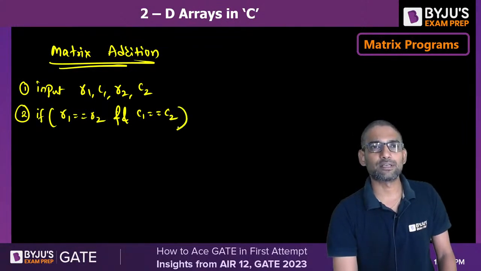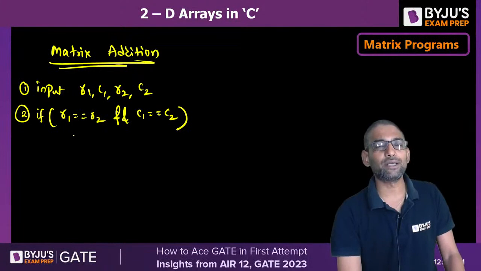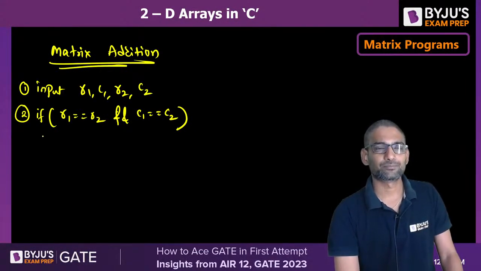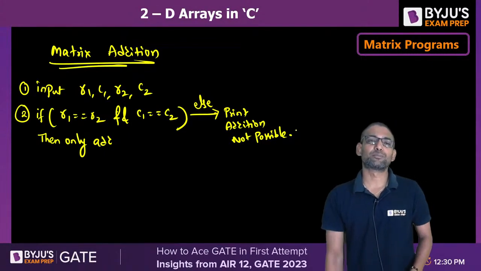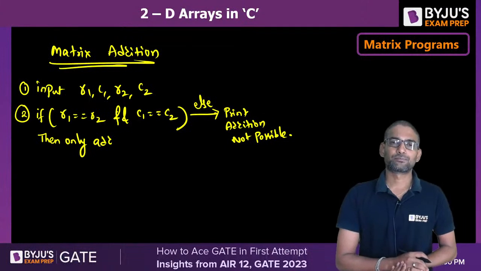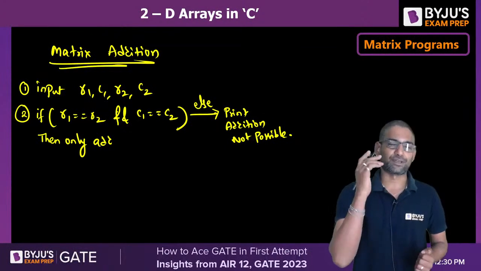Because if this is true, only then you go to step 3, right? Then only you can add. Otherwise, you can print addition not possible. Because if the dimensions don't match, you may not add. So that's why I am checking.